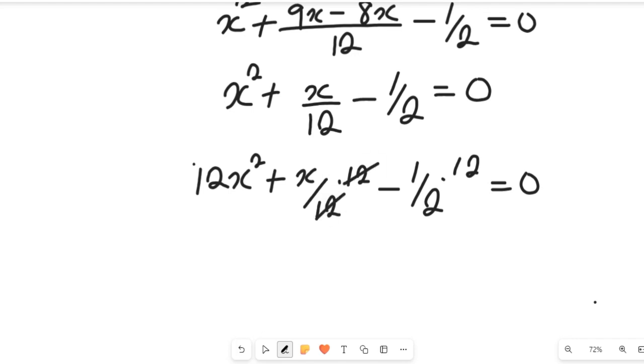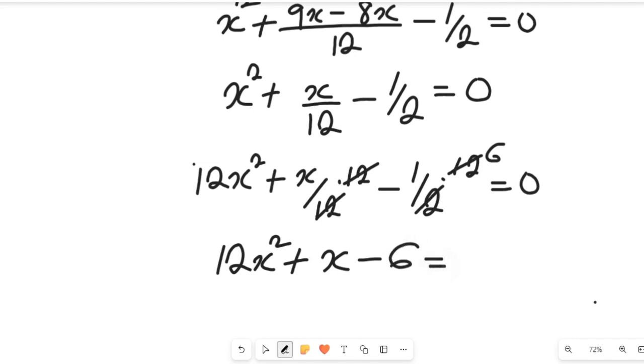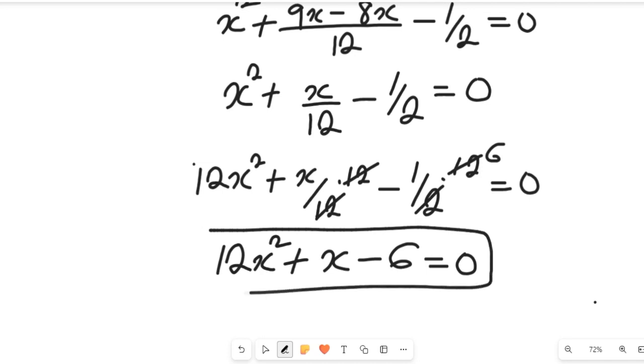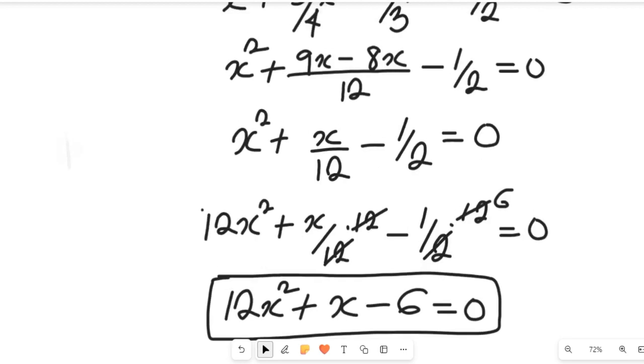So 12 will clear 12, and then 2 here will give us 6. So we'll have 12x squared plus x minus 6 to be equal to 0. And that is the quadratic equation of those two roots that we are given above there.